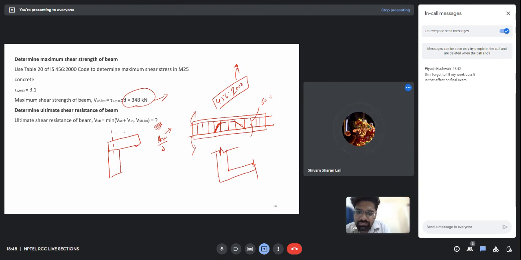Shear span. Shear span, I don't know how it will look in this diagram, but D will be this. Do you have any diagrammatic view?